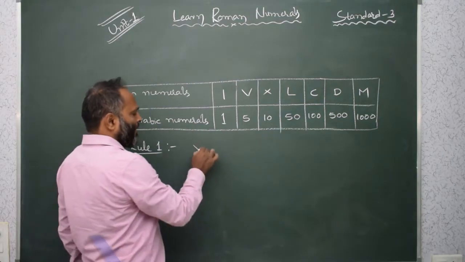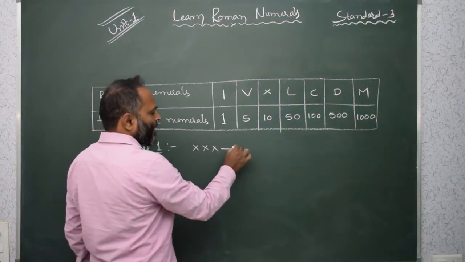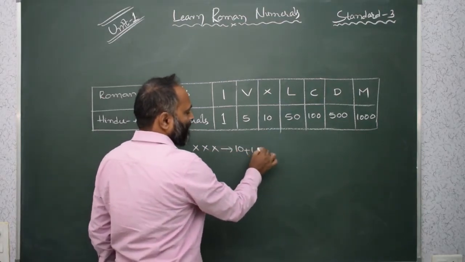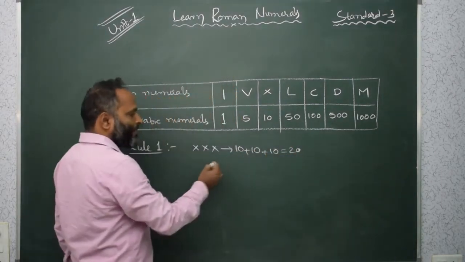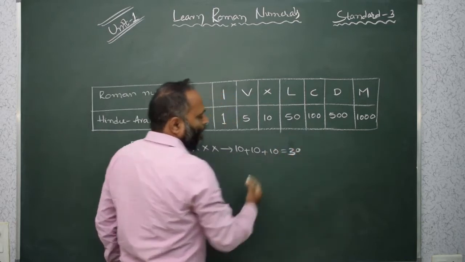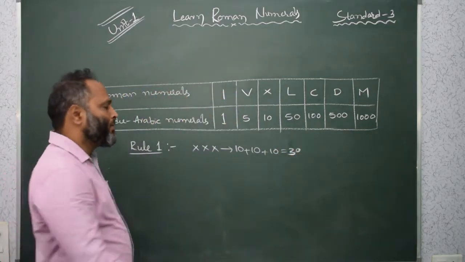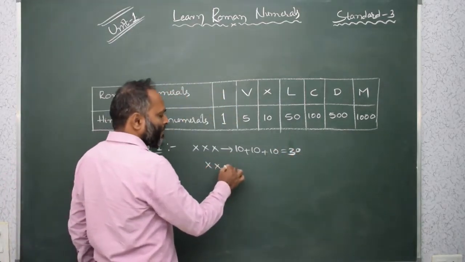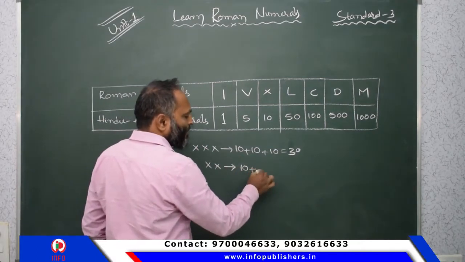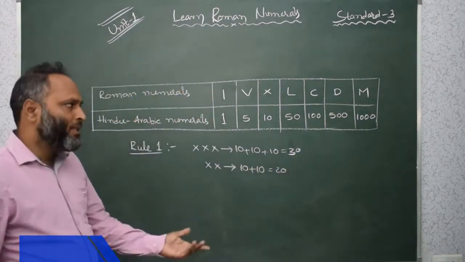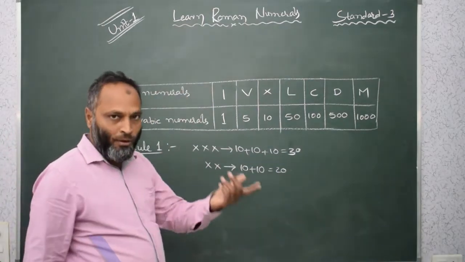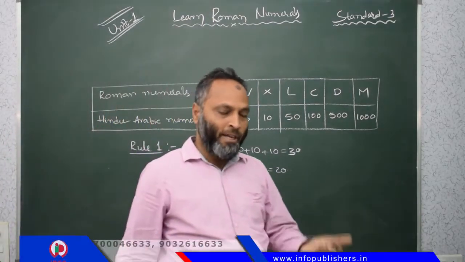Like 10 plus 10 is 20. If X repeats 2 times, X and X, we have to add 2 times only: 10 plus 10, 20. In this way we have to follow. If the Roman numerals repeat, we have to add.